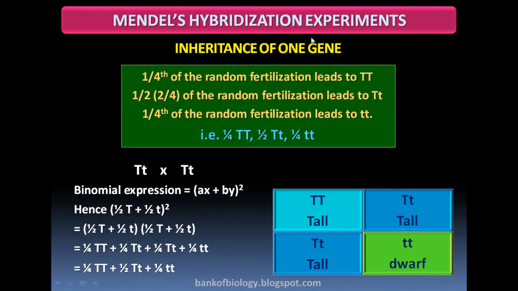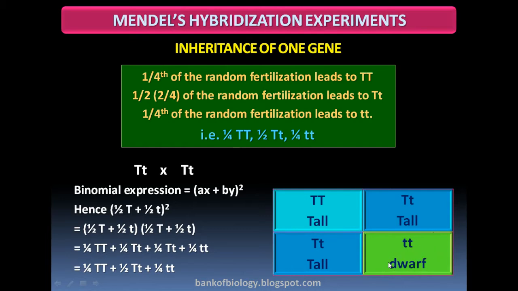And 1/4 of random fertilization leads to capital T and capital T. You see, there are four individuals or offspring formed, and in these four offspring, we have a 50% chance of capital T small t, capital T small t, whereas 1/4 of random fertilization leads to capital T and capital T, that means homozygous tall, and 1/4 of random fertilization leads to homozygous dwarf.